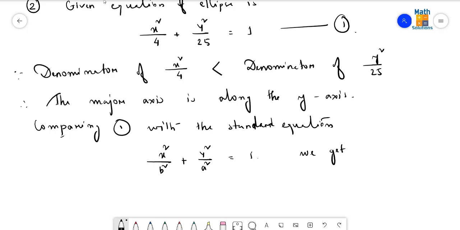We get a square as 25, yes or no? a square comes as 25, that is, a is equal to 5. Then b square comes as 4. So we get here b as 2.